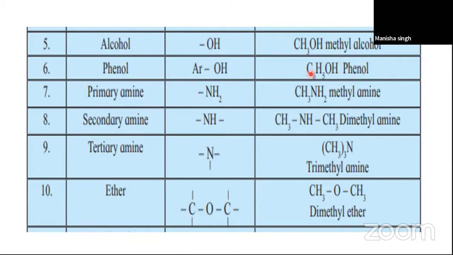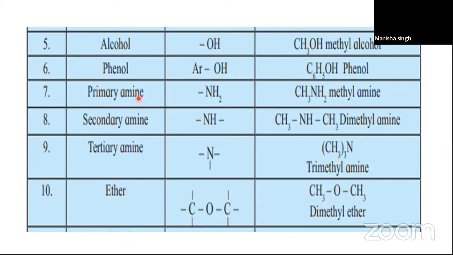Benzene ring में कितने कार्बन हाइड्रोजन होते हैं? It contains 6 hydrogen and 6 carbon. So one hydrogen is replaced by the OH group. That's why the molecular formula is C6H5OH for phenol. So you should know the basic difference between alcohol and phenol.